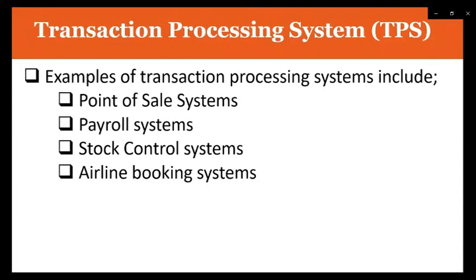We have also the payroll system, used for processing employees' salary, loans management. Then we have also the stock control system, keeping track of inventory levels, and of course the airline booking system. It is used to book a flight, or flight booking management. So those are the transaction processing systems.